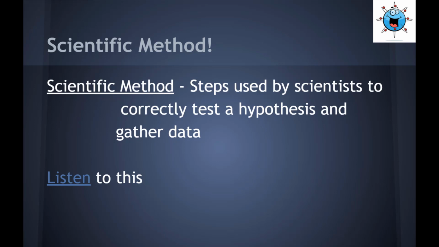Okay, so the first note we're going to take for this section is actually the definition of scientific method. The definition is that the scientific method is the steps, or are the steps, used by scientists to correctly test a hypothesis and gather data. So we're going to start by writing our word.